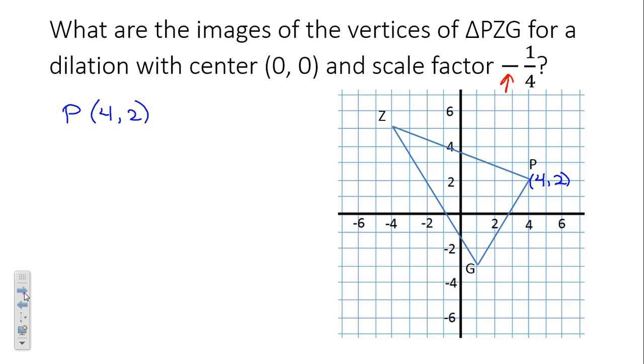So if we take a scale factor of -1/4 times it, what are we going to get? -1. And what's 2 times -1/4? -2/4, which is -1/2.